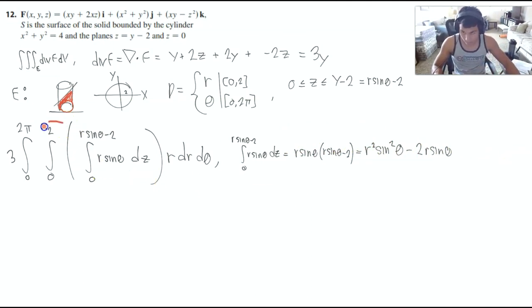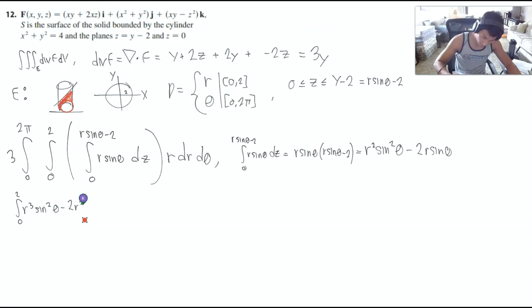Okay, so that's our next integrand. Our next integral will be the radius integral from 2 to 0. Now it's going to be this as our integrand, but we also have a Jacobian here, so we're going to multiply by r. So it's going to become r cubed sine squared theta minus 2r squared sine theta dr. Okay, so when we integrate this, this will become r to the fourth divided by 4 sine squared theta minus 2r cubed divided by 3 sine theta.